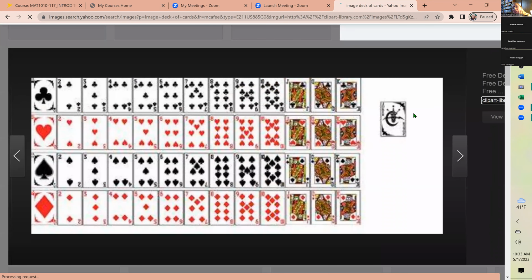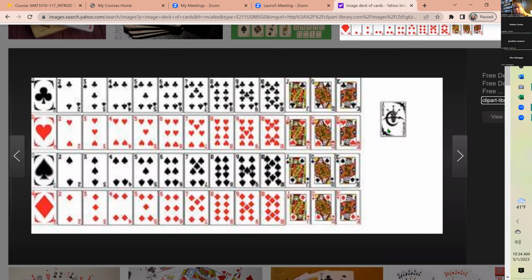So with 52 cards, there will not be a joker. But there's 3, 6, 9, 12 face cards.